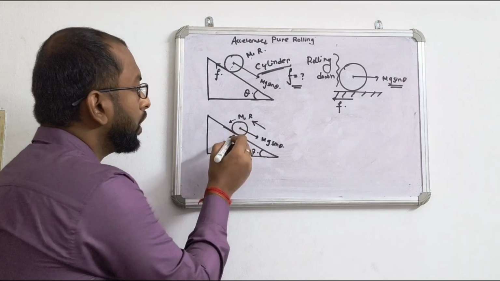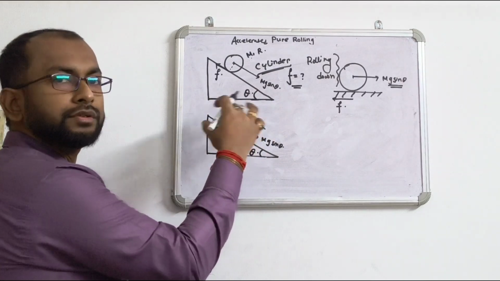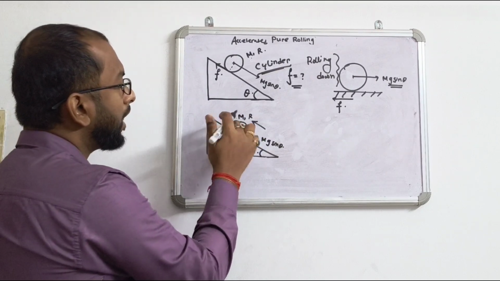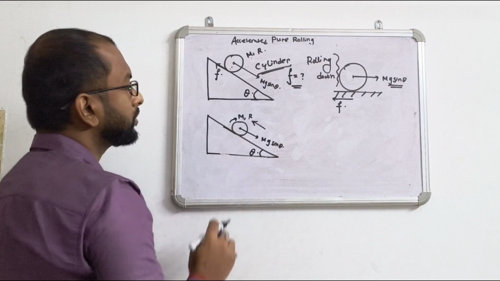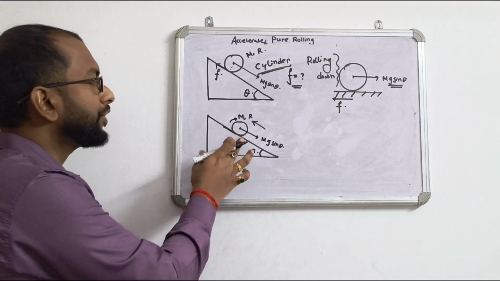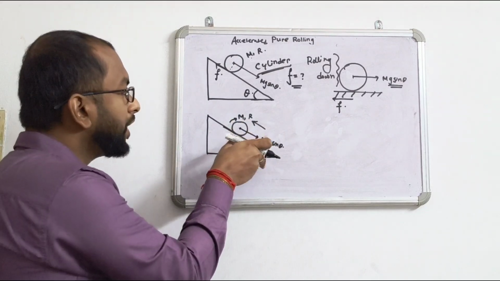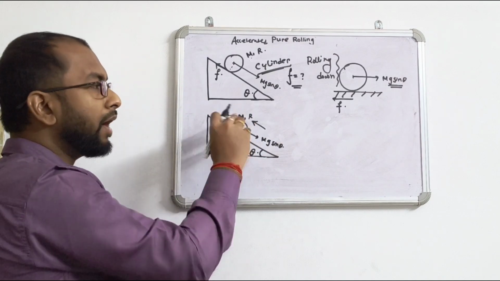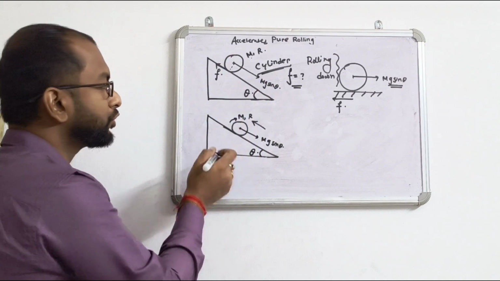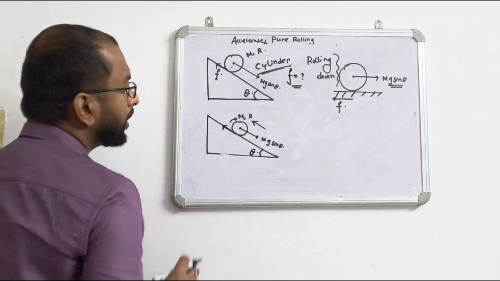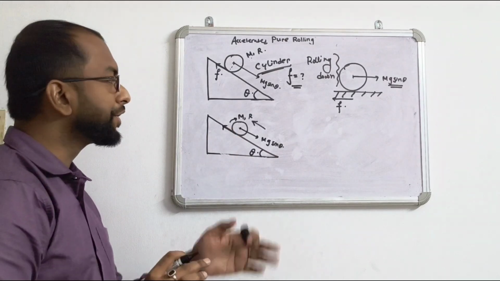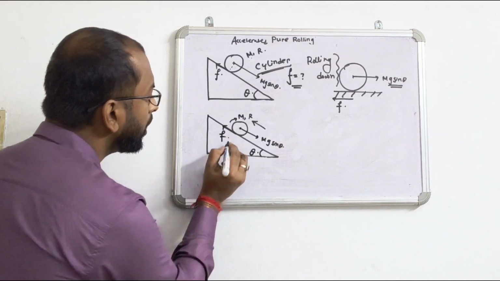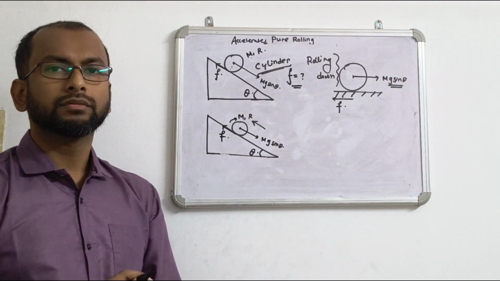So the angular deceleration will be in this direction. Angular deceleration in this direction means angular acceleration in the opposite direction. So who will provide the necessary angular deceleration it needs in order to sustain the pure rolling motion? Of course, there is friction. The friction will act in the upward direction.